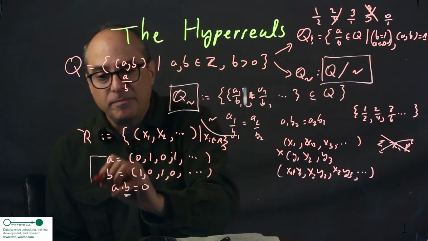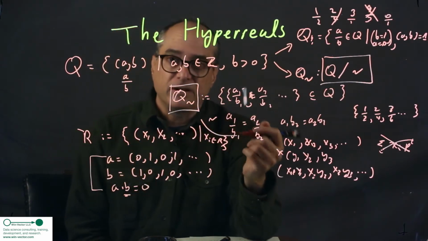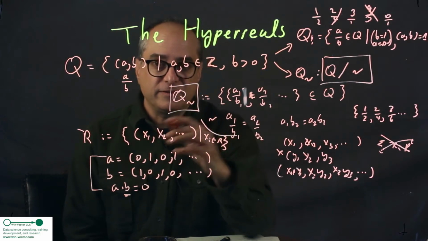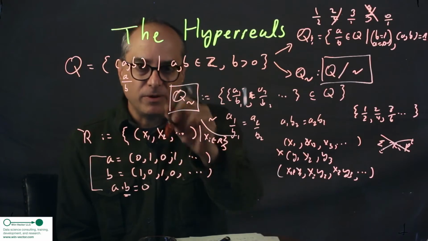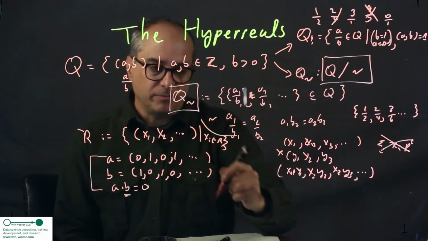This is a failure of a field called zero divisors, and this means that this is a horrible set to do arithmetic on. Even though its components are real numbers, it behaves horribly.